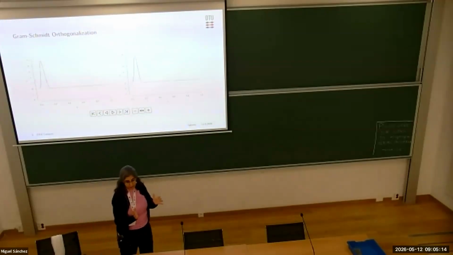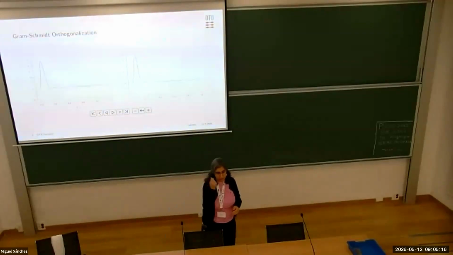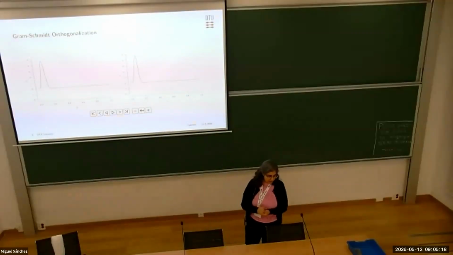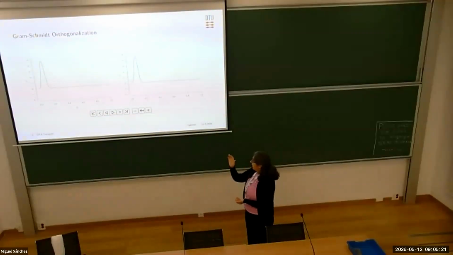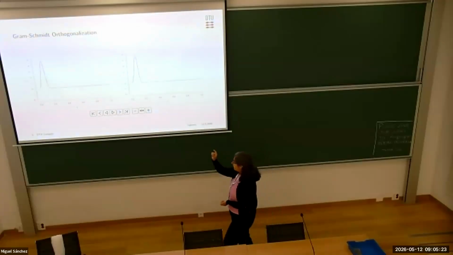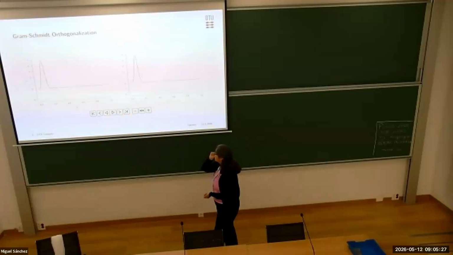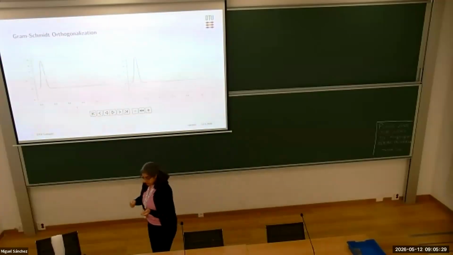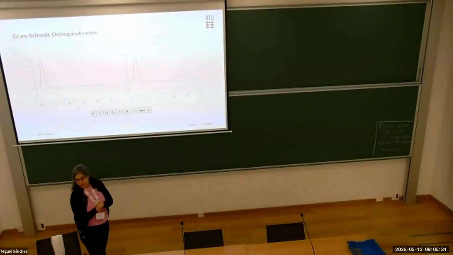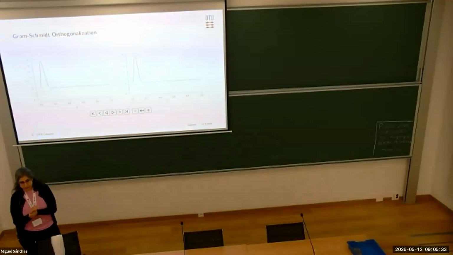So whenever you talk about orthogonalization, the first thing that comes to our mind is Gram-Schmidt orthogonalization. It's the most popular way. And you say, okay, let's do that. And on the right, you find the B-splines. And on the left, I will show the orthogonalization. But Gram-Schmidt, if you just forgot for any reason, you start with the first element, and then you take the second element, orthogonalize it with respect to the first.